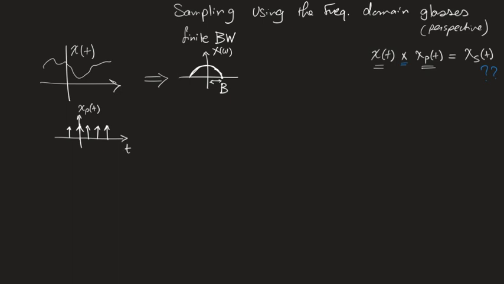Remember that we wrote this as the summation from n equals minus infinity to infinity of delta of t minus n Ts. This is how this train of deltas is written as a function of time. Now, if you go to your Fourier transform table, you will find a couple of interesting things.